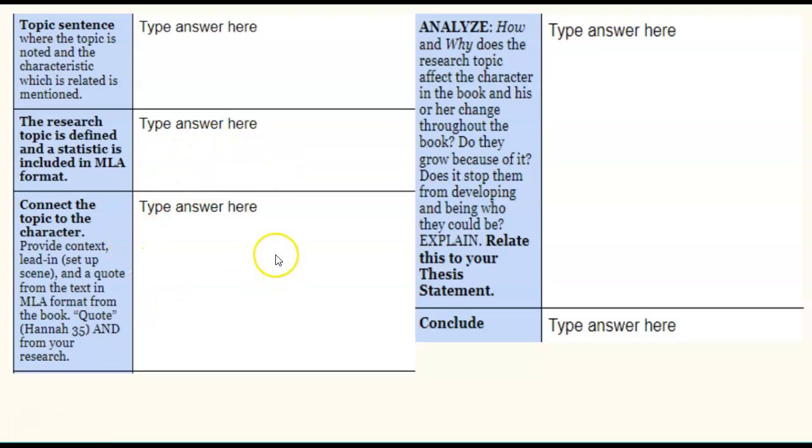You're going to connect it to your character by providing a quote from the text and from your research. So you're going to have both here. You're going to analyze how and why those quotes support your character's change and your character's connection to your topic, and your conclusion.